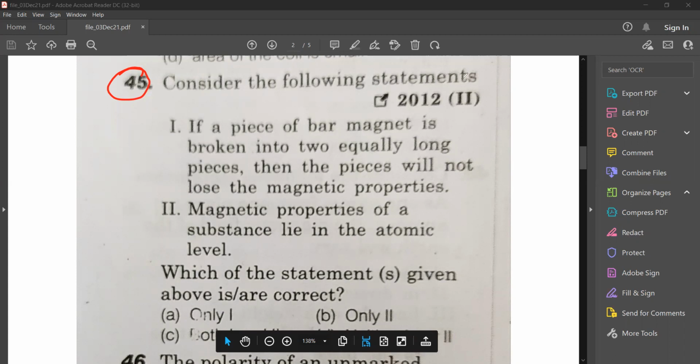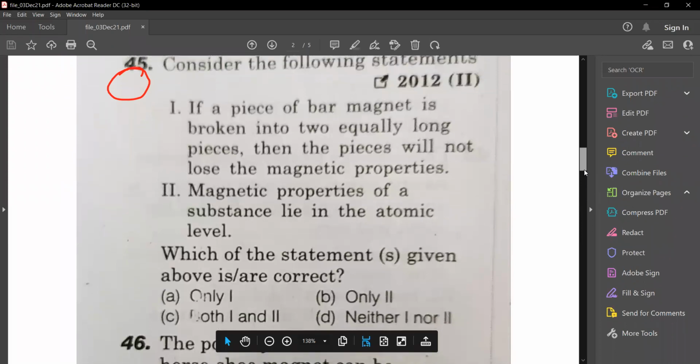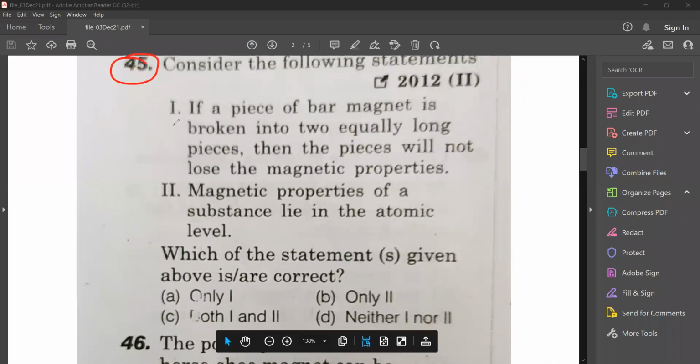Okay, so you have to check which of the four statements is correct. Whether it is only one, whether it is only two, or both one and two, or neither one nor two. So what is the correct option? Okay, read statements 2 times and then say your answer.